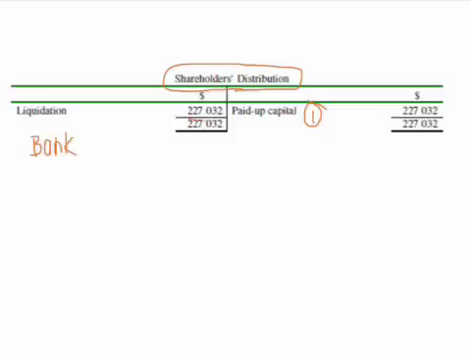As you can see, the capital then covers the deficit, and there's no further distribution made to the shareholders.